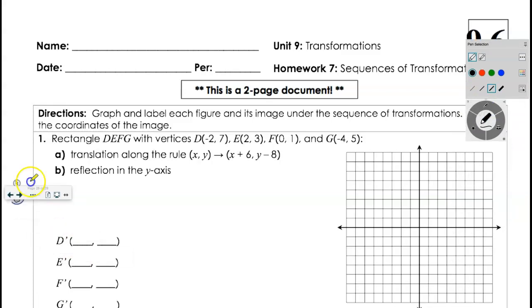All right, so let's go take a look at this guy. We're going to plot some dots really quick. It better look like a rectangle because it says it's a rectangle. So you guys go plot your dots and label them.